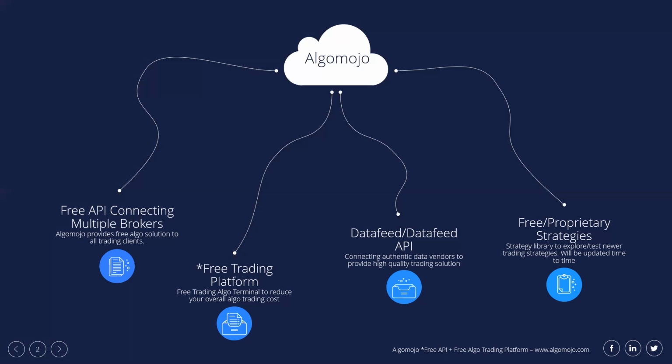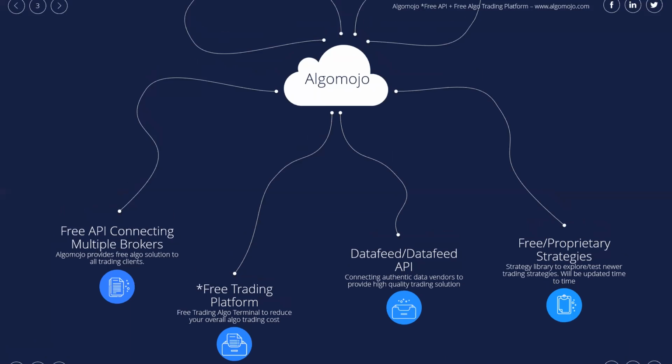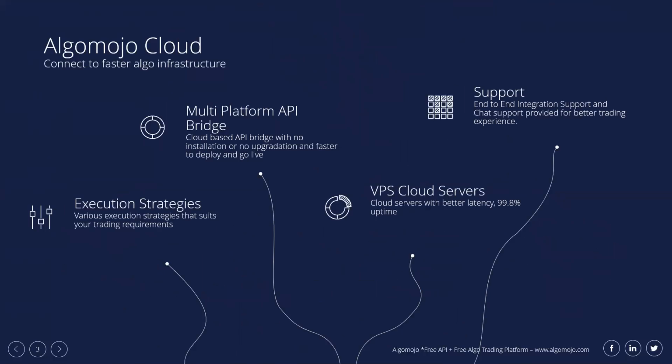Algomojo also comes as a one-stop solution for algo traders, where you will be able to get access to the data feed or data APIs or strategies. Not only the strategies alone, but also if you want to connect with multiple execution platforms like Amibroker, Excel, Python, Metatrader 4, Metatrader 5.